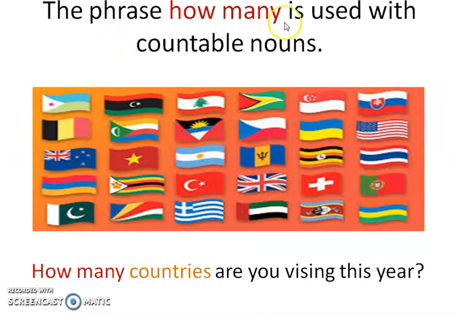The phrase how many is used with countable nouns. So we use the phrase how many to ask about countable nouns. Example, how many countries. The original word is country, and it can be in the plural form, countries. So how many countries are you visiting this year? And as you see here, this is a picture of a bunch of flags, each referring to a different country.